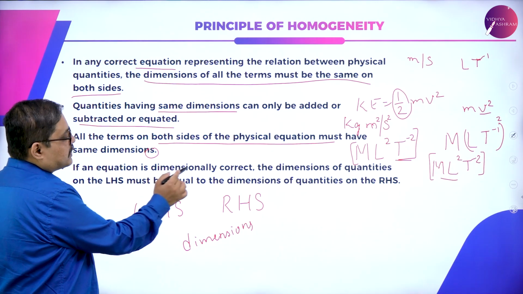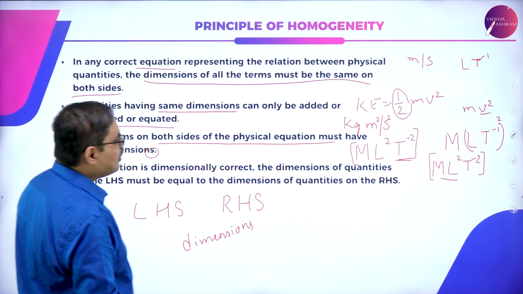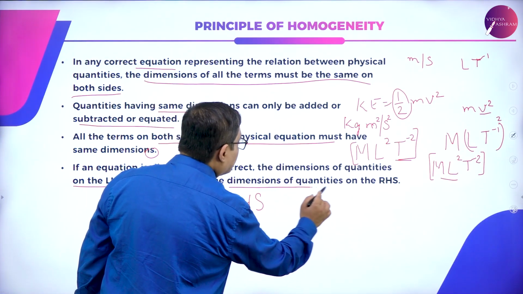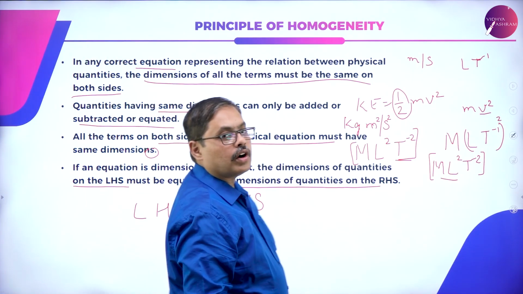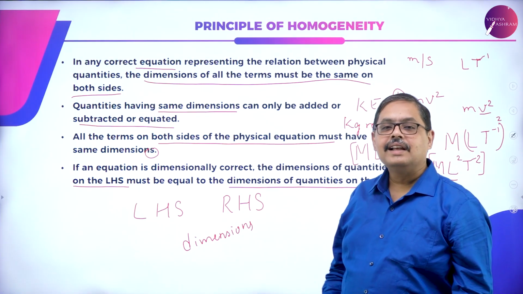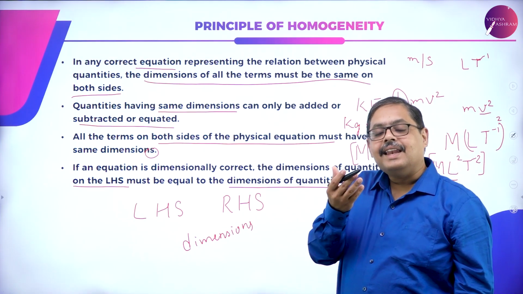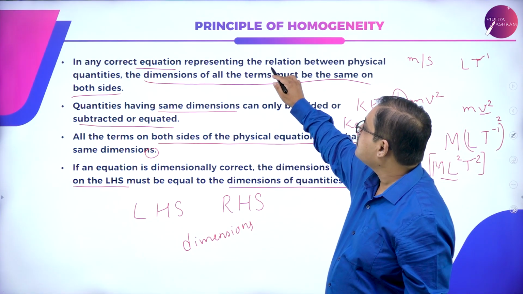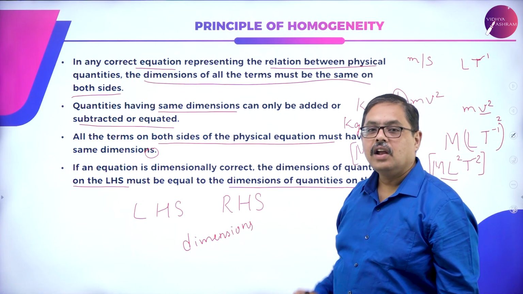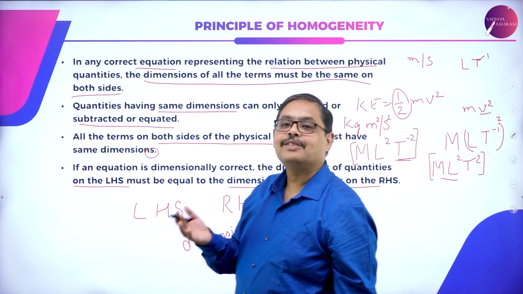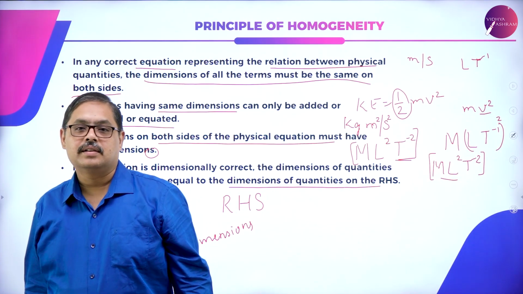If an equation is dimensionally correct, the dimensions of quantities on the left-hand side must be equal to the dimensions of the quantities on the right-hand side. So the principle of homogeneity lets us know that in a correct equation, which is representing a relation between any physical quantity, all the terms on both sides of the equation must have the same dimension.